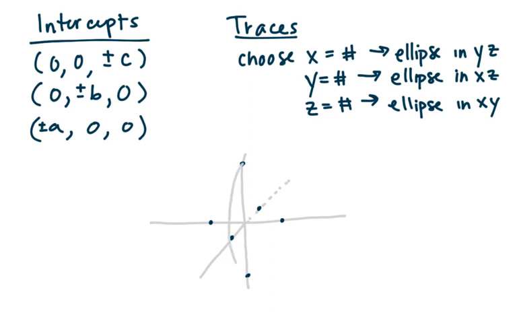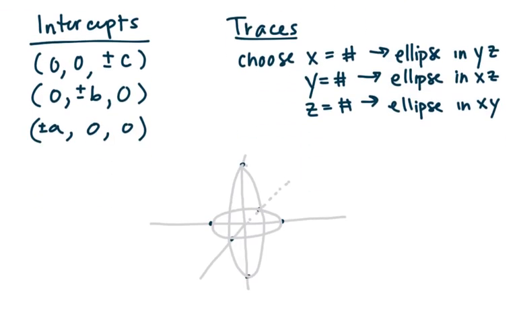We have this ellipse going through here in the XZ plane. I have an ellipse going that way in the XY plane. And then an ellipse forward in the YZ plane. Oh gosh, that looks terrible. In the YZ plane, it kind of looks like this.